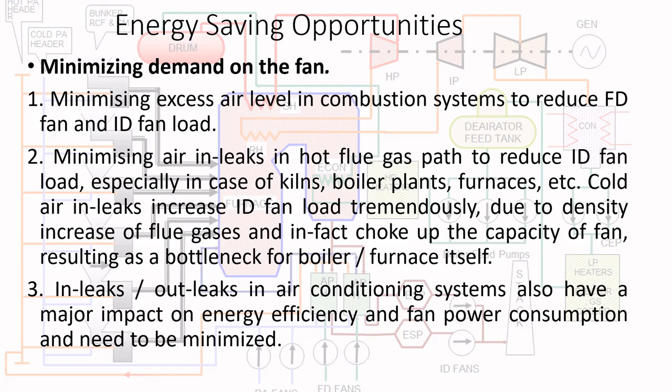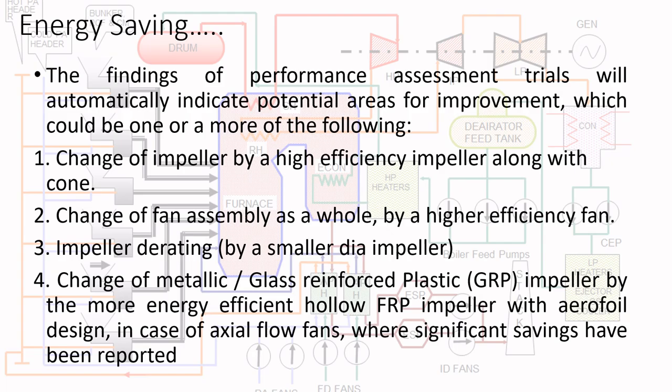The findings of performance assessment trials will automatically indicate the potential areas of improvement, which could be one or more of the following. You can change the impeller to a high efficiency impeller along with cone, or change the fan assembly as a whole to a higher efficiency fan. Then impeller derating, where maybe you require a smaller impeller diameter.